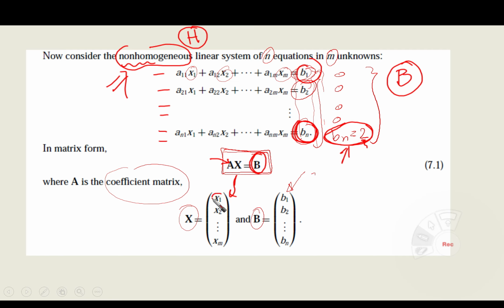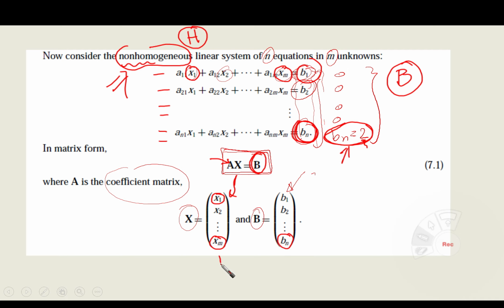We start with x1 and end with xm, as you can see, in each equation. And the matrix b, which is the right hand side, is going to be b1, b2 until bn.